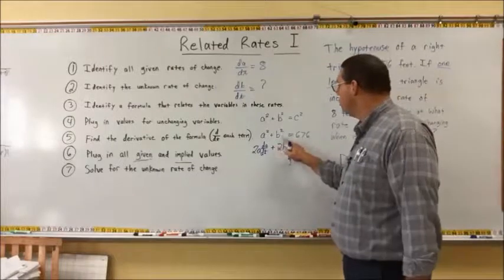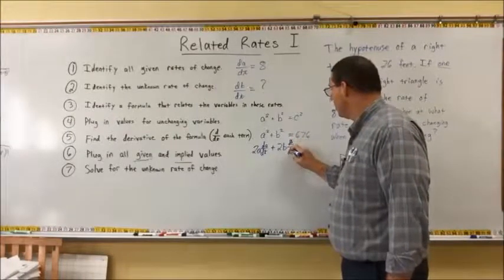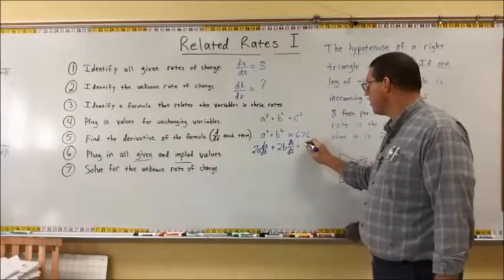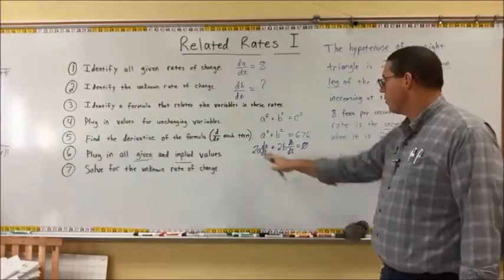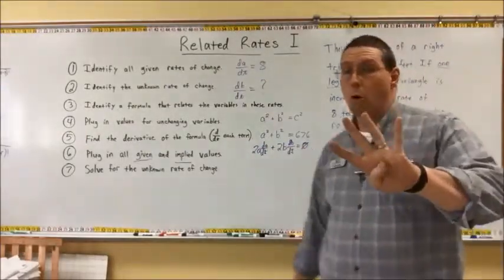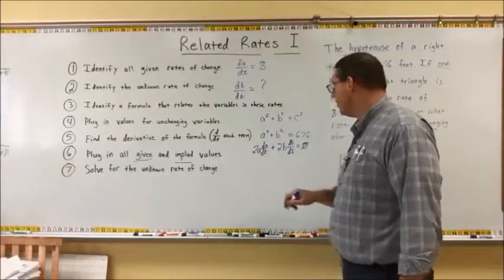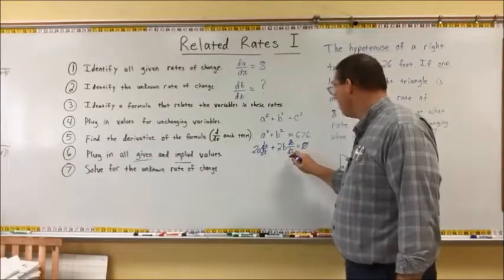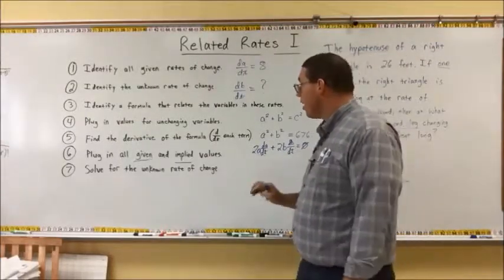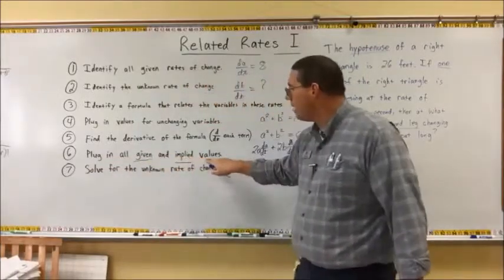All right, 2b and then the conversion factor dB/dt equals, and then the derivative of 676 is 0. And so here is our derivative. And now I want you to notice we have 4 variables. We have a, we have dA/dt, we have b, and we have dB/dt. So now we're going to do step 6, plug in all given and implied values.